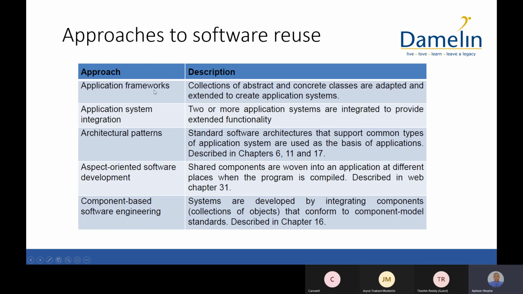Application frameworks, mostly found on the web, consist of objects and components that developers need to write functionality for. And application systems integration is another approach. You can integrate multiple systems together to create a new system, so it's when you integrate two or more applications. Architectural patterns.